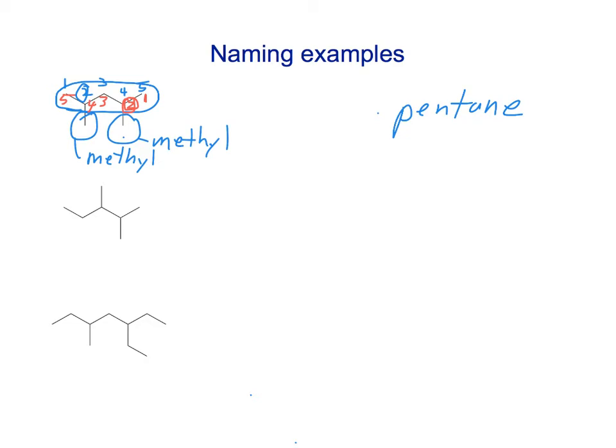So what we do is we say 2,4-dimethylpentane. Notice a couple of important things here: between numbers, we use a comma.